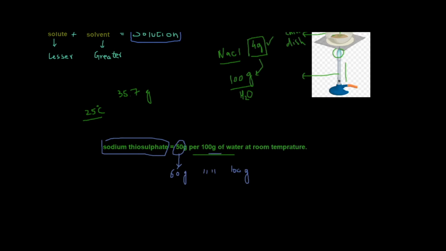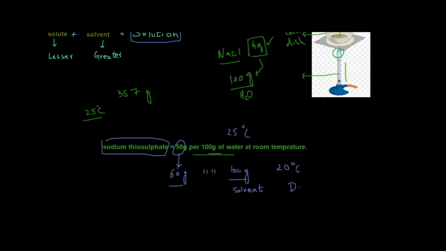This experiment was done at 25 degrees centigrade, which is room temperature. Now you have increased the quantity of solute. Sodium thiosulfate is the solute, while water is taken in greater amount, so it acts as the solvent. If you have increased the amount of solute and decreased the temperature to 20 degrees centigrade, what would happen? The solubility would decrease.